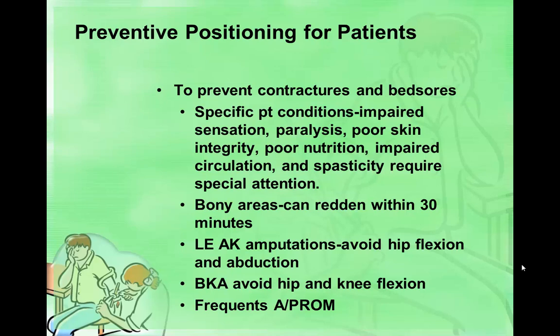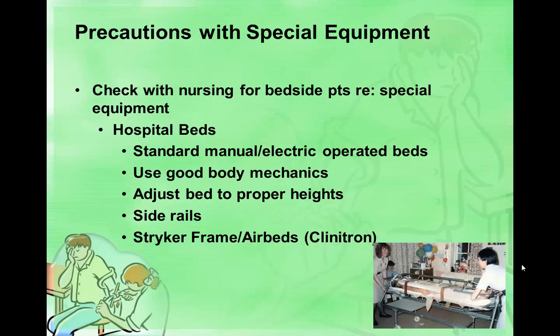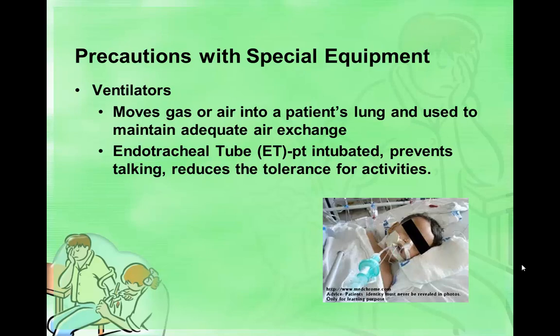Always use good body mechanics when working with a patient. Adjust the bed to the proper heights. Use the side rails appropriately. If you look at the picture here, this is a picture of a Stryker frame, and the air beds are called Clinitron beds.